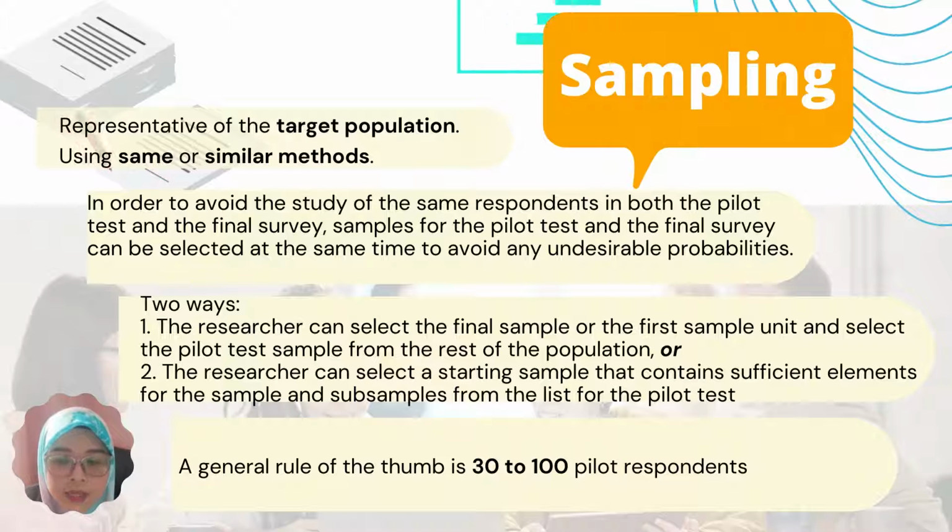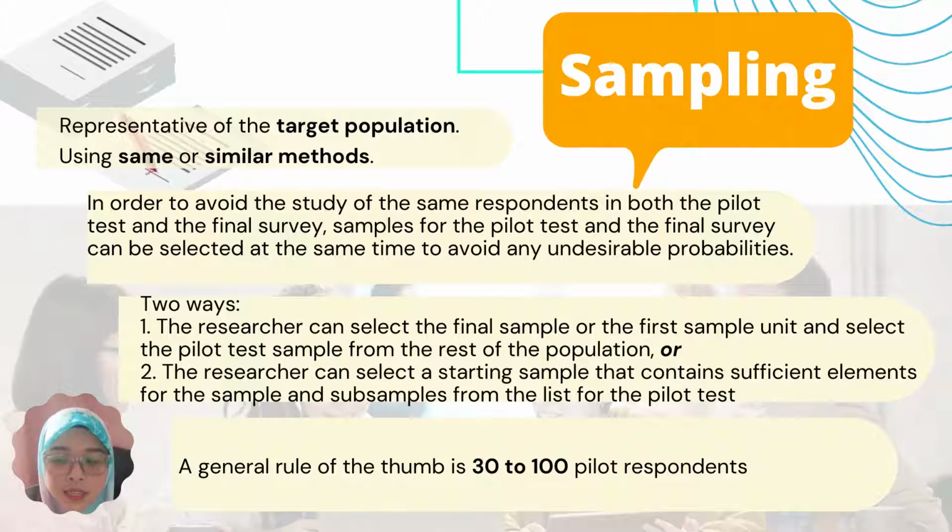This can be done in two ways. First, the researcher can select the final sample first and select the pilot test sample from the rest of the population. Or the researcher can select a starting sample that contains sufficient elements for the sample and a subsample for the pilot test.